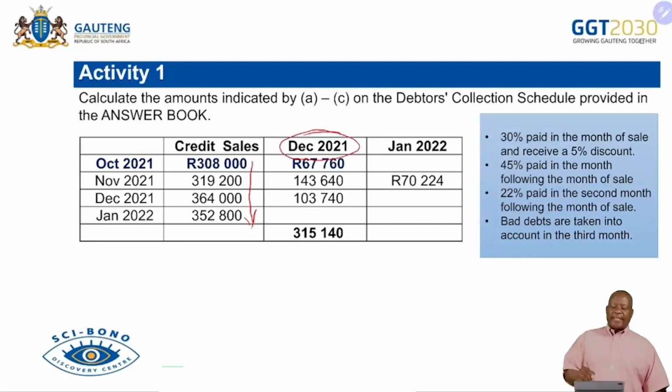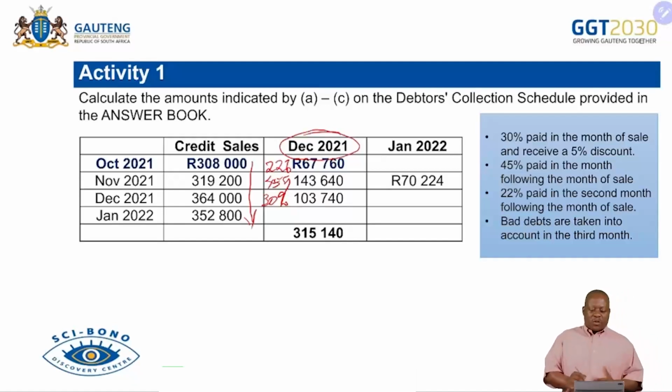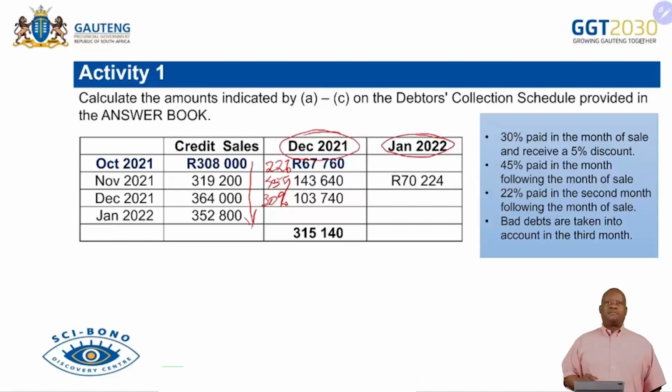we are collecting where December and December meet. That's 30%. And then we go up, 45%. And then we go up, 22%. When it comes to the month of January, please take note.